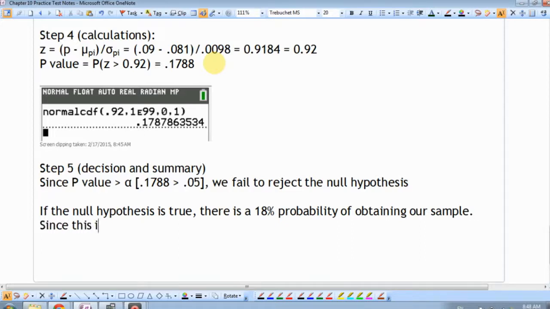Since this is likely, we conclude that there is no evidence that pi is greater than 0.081.